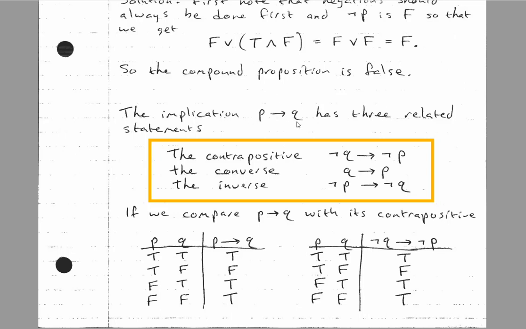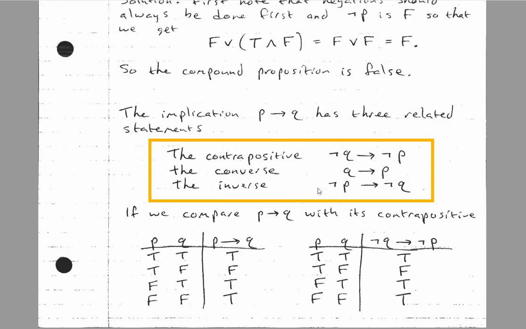So for this basic implication, there are three related statements. Okay, so for any implication, the contrapositive is the new proposition, not Q implies not P. You also have the converse, so that's Q implies P. Okay, so that's just switching the two letters.